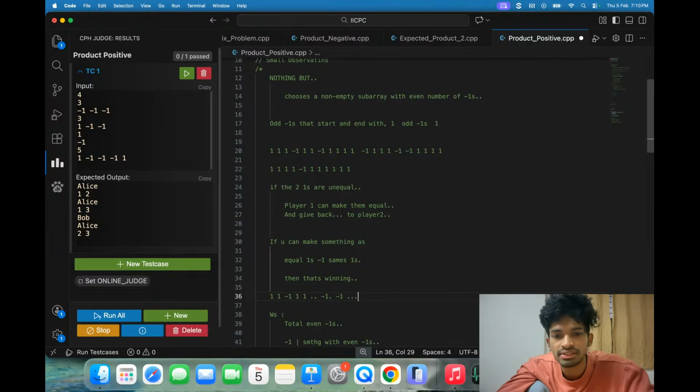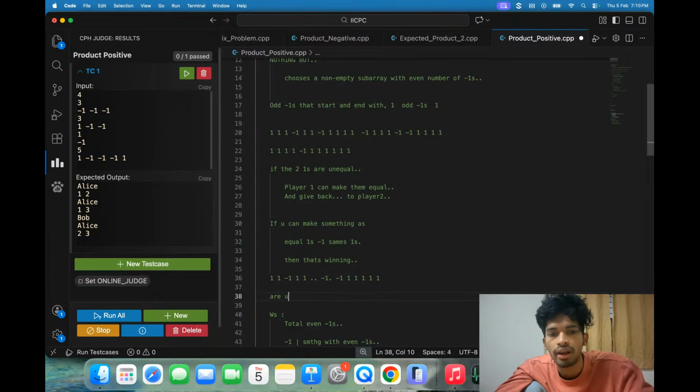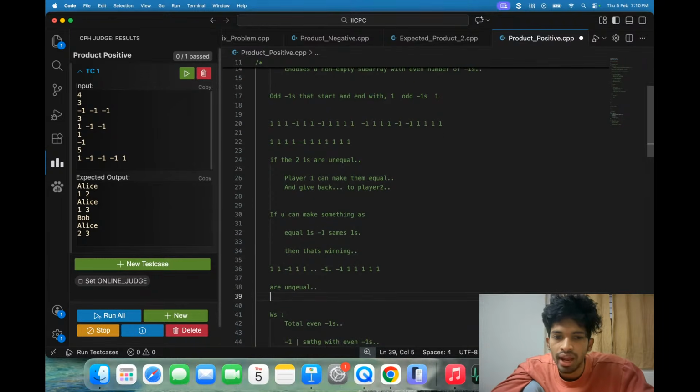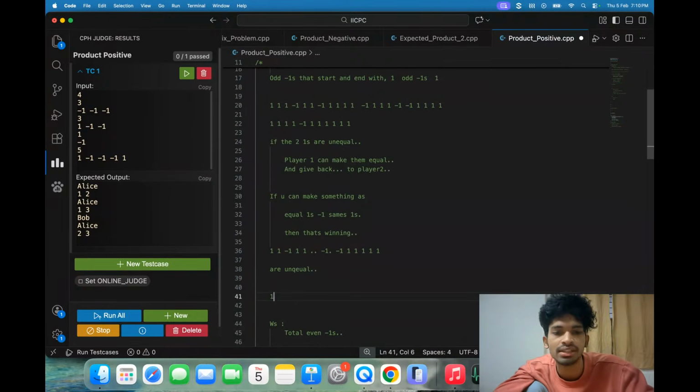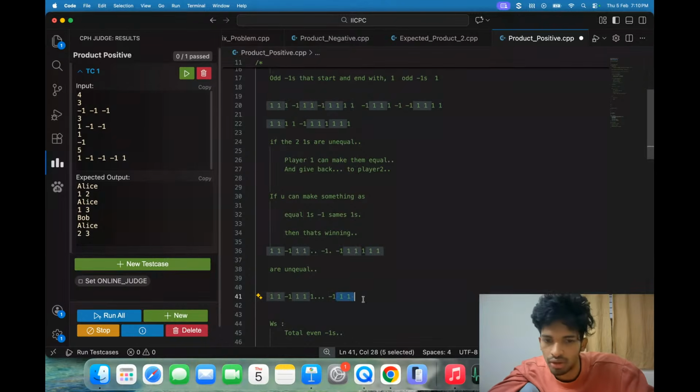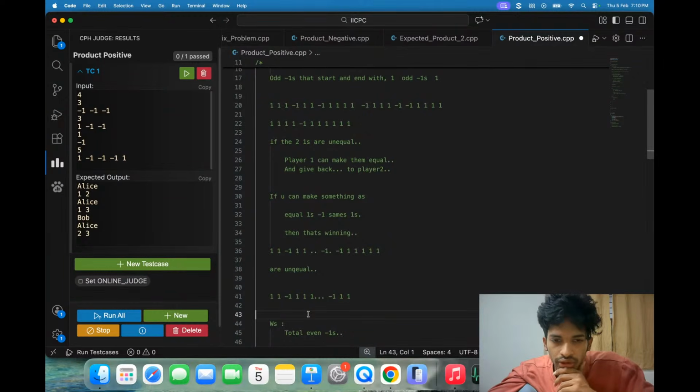If the number of ones in the beginning and the number of ones at the end are unequal, it's still winning. Why? You can make it equal. But if the number of ones in the beginning and at the end are equal, then what?